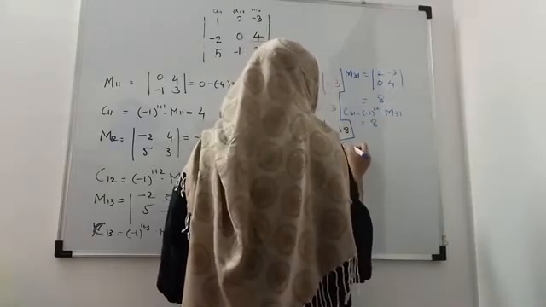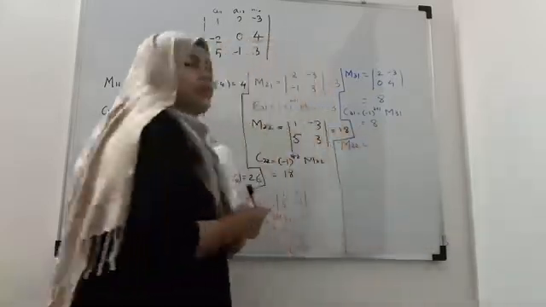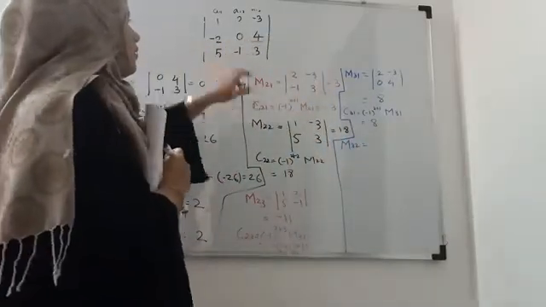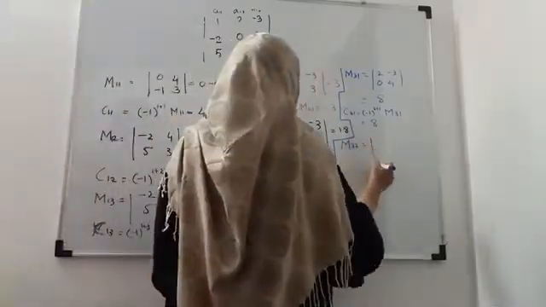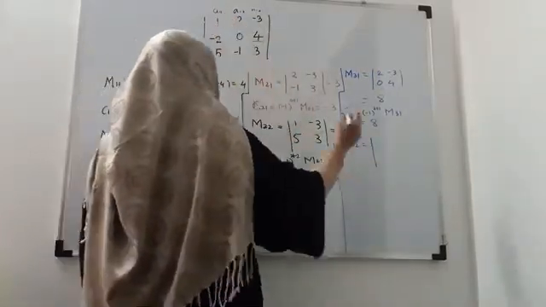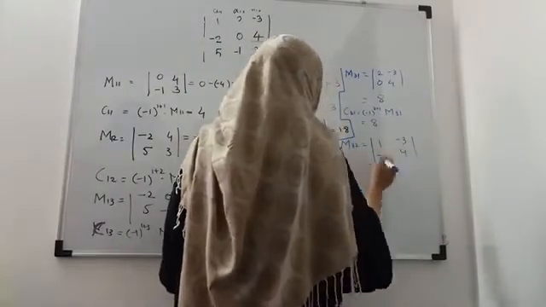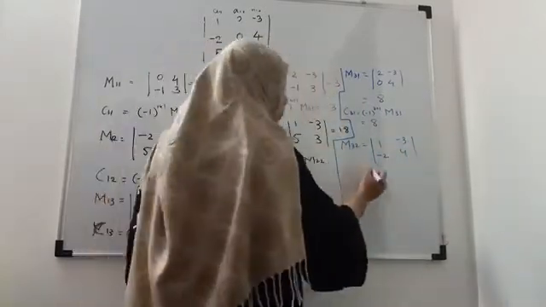Now M32, not M23. M32 means this entry. So the third row and the second column will go, leaving 1, minus 2, minus 3 and 4. So 1 into 4 is 4.